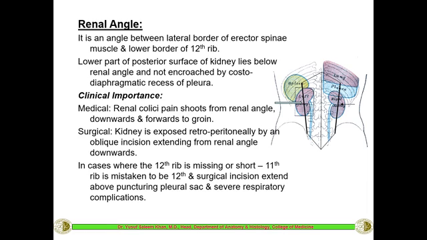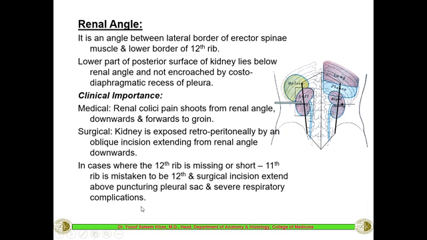If the surgeons miss this point and take the 11th rib as the 12th rib, and start taking the incision from the 11th rib, then the incision will be much higher, and that might lead to puncturing of the pleural sac, especially as it will be going into the costodiaphragmatic recess. If you puncture the pleura, it might lead to severe respiratory complications.